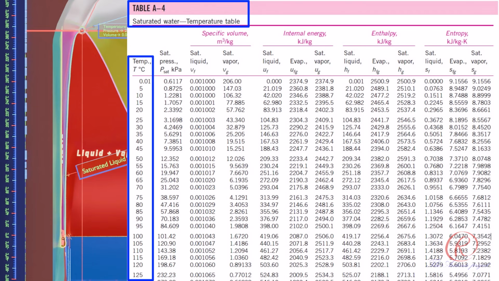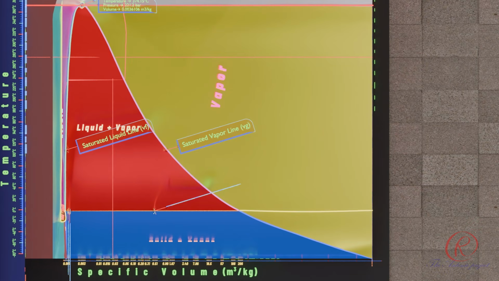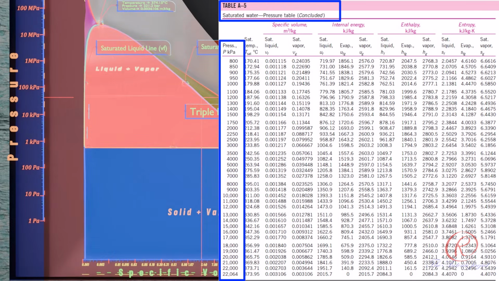Types of steam tables. 1. Saturated water temperature table contains thermodynamic properties of saturated water and steam arranged according to temperature. 2. Saturated water pressure table contains thermodynamic properties of saturated water and steam arranged according to pressure.